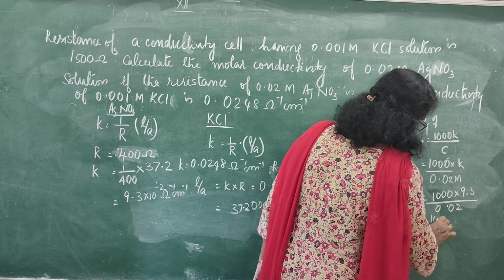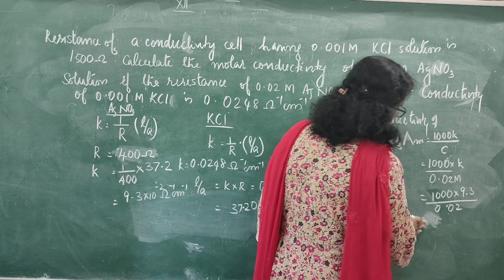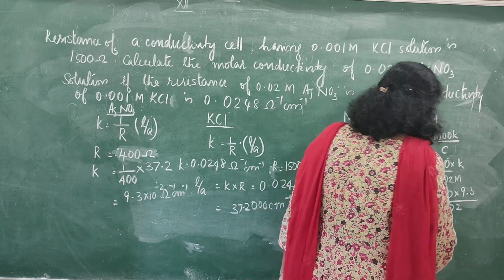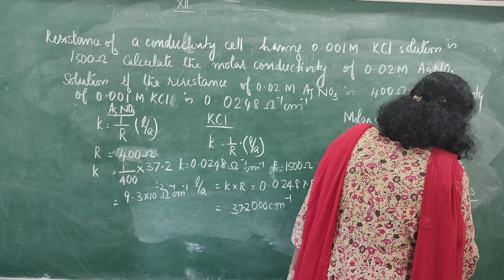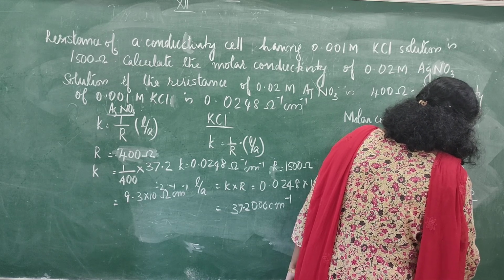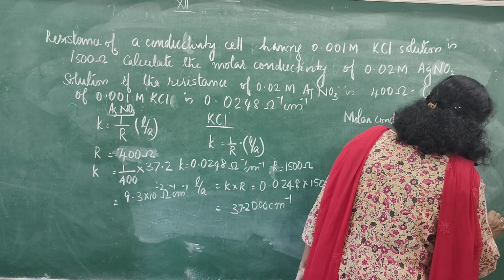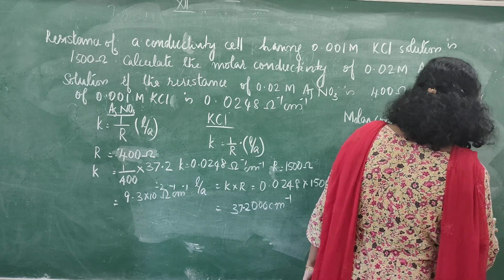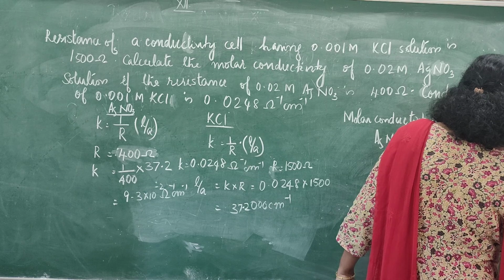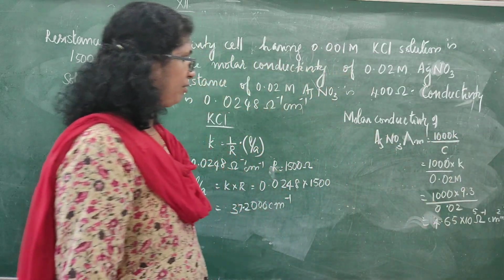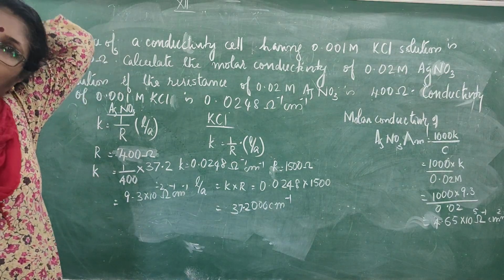You will get the result as some value into 10 raised to 5 ohm inverse centimeter square mole inverse. You will get this as the molar conductivity of AgNO3. Okay, so this is how we calculate.